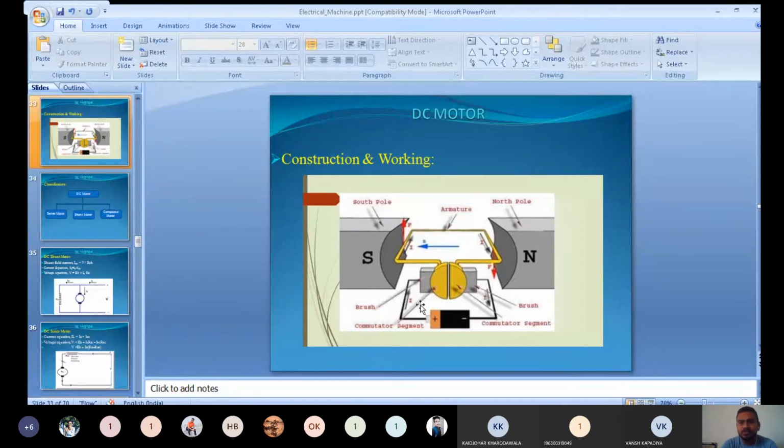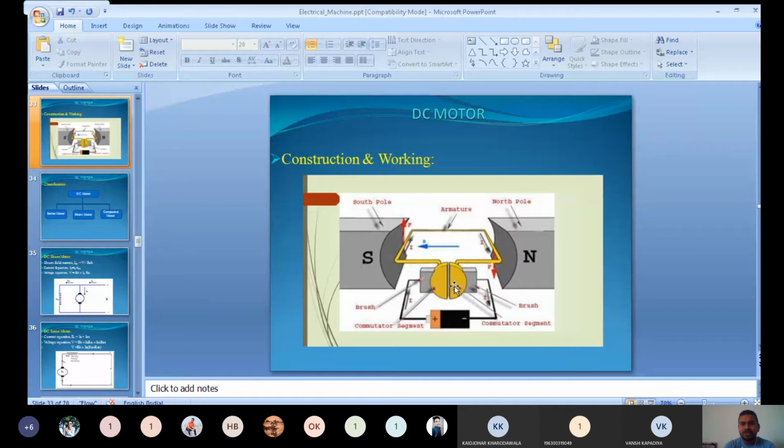According to Faraday's laws of electromagnetic induction, EMF is induced in the armature conductor, and whatever EMF is induced in the armature conductor is known as back EMF EB, and it is equal and opposite to the supply voltage.